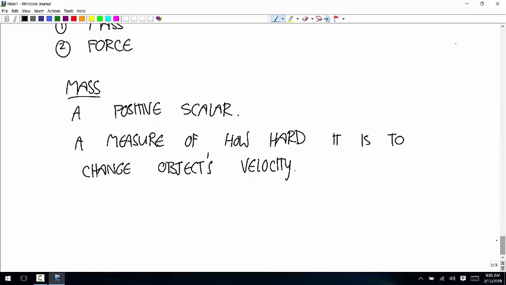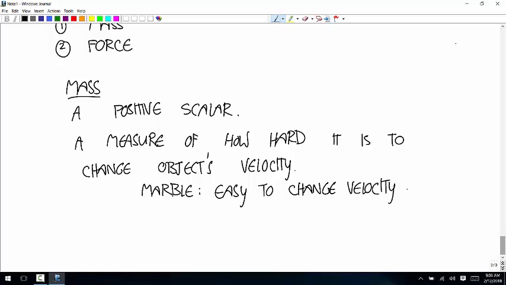If a marble is coming towards you on the table, it's easy to change its velocity, change its direction or its speed. So that's easy to change velocity. And that means a marble has a small mass.